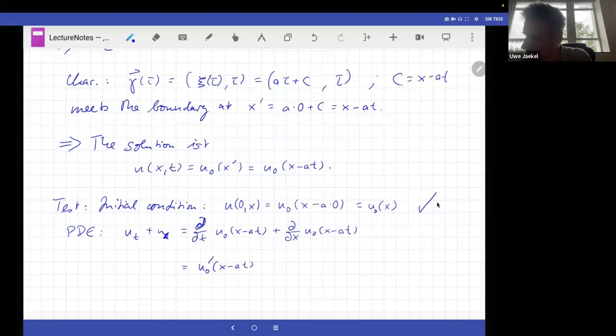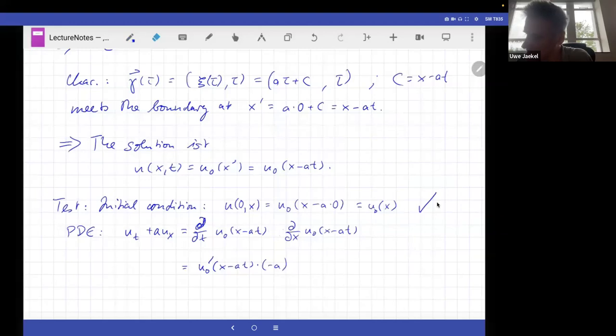When we take the derivative with respect to time, we have to multiply this with a constant minus a. Oh, sorry, I forgot the a here. So in ut plus a ux, we have to multiply the second part with a.